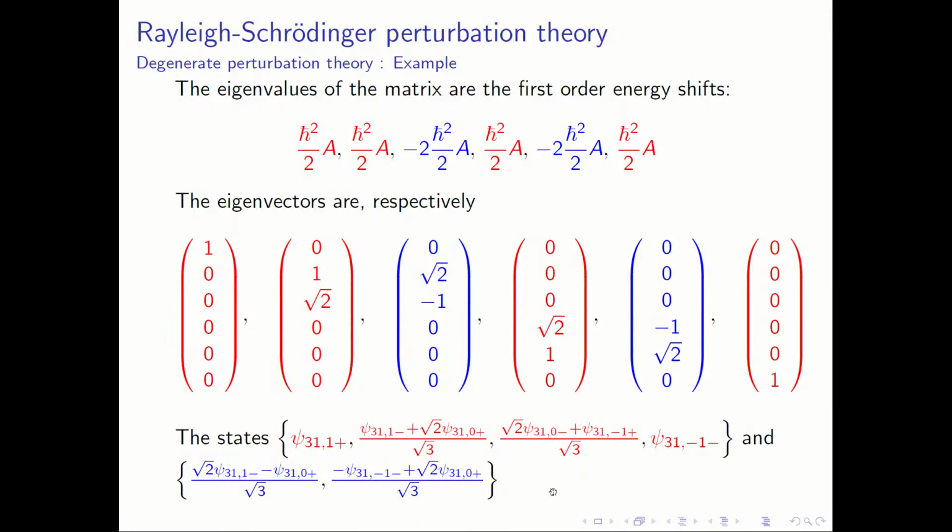These 2 correspond to the unperturbed energy minus 2ħ²/2 A, at least to the first order in perturbation. So these are still degenerate to first order in perturbation theory. And this is the result that you get from first order perturbation theory.